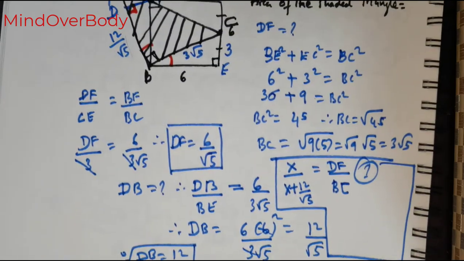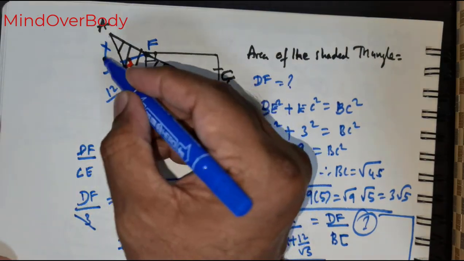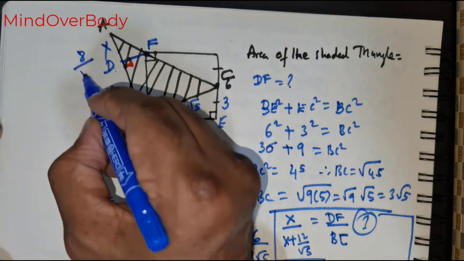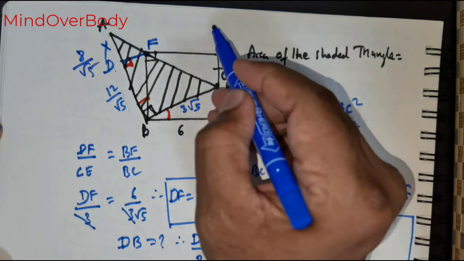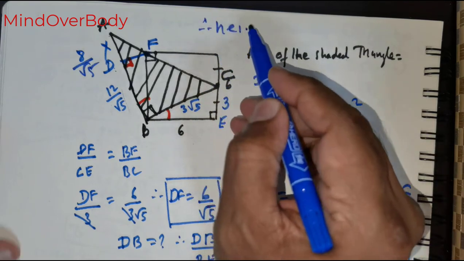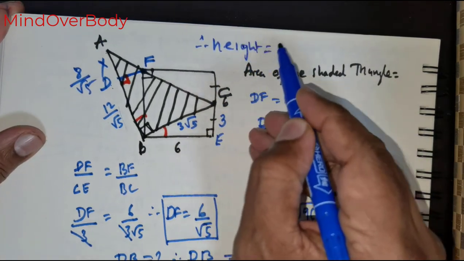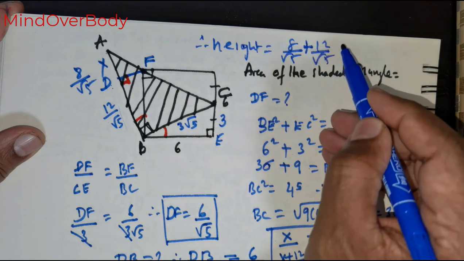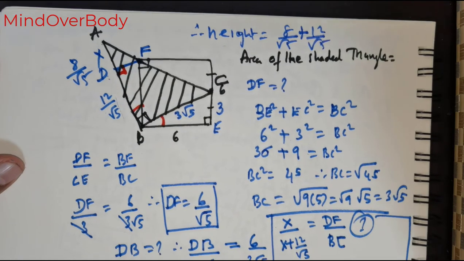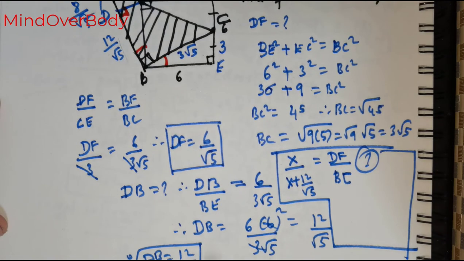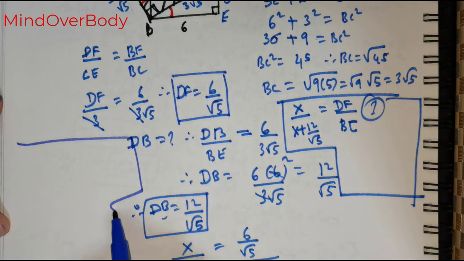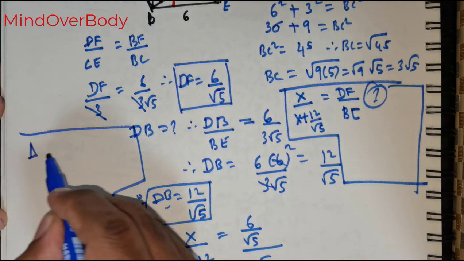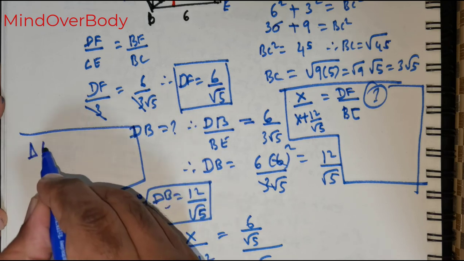So let me go up here to the figure. This is going to be 8 over root 5. Now the total height is equal to 8 over root 5 plus 12 over root 5, right? Now let me use the space here, because we can wrap up the area of the triangle.